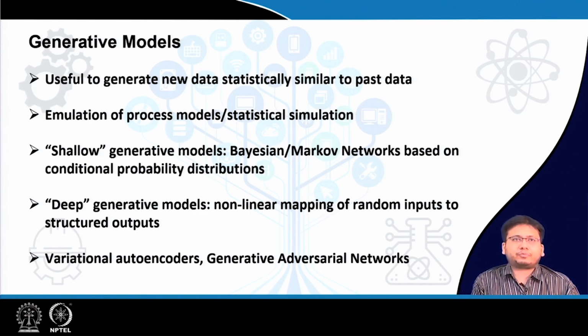Then there is the class of models called generative models, where the task is to generate new data which is statistically similar to the past data, but not exactly similar. For example, let us say I have given you lots of examples of human faces, and I want to draw new human faces which may not be exactly identical to any of the faces we have come across earlier.